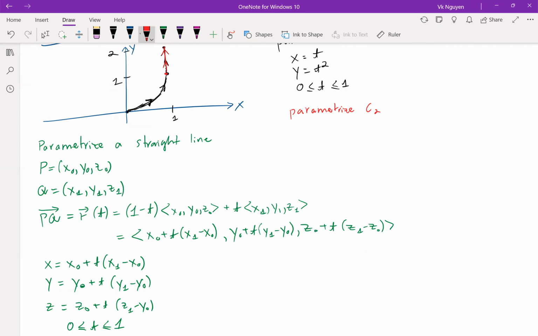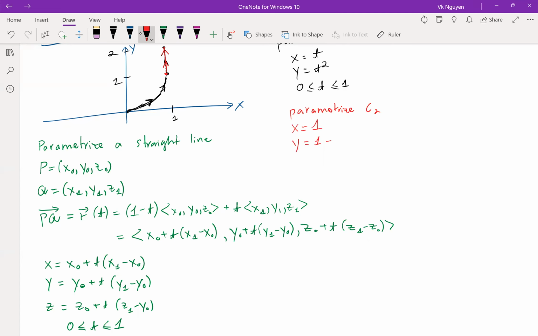So x here, you can follow, right? It's x0 plus t(x1 minus x0). x0 is 1, and x1 and x0 are the same, so here x is just 1. y: y0 is 1, plus 2 minus 1 is 1, so 1 plus t.